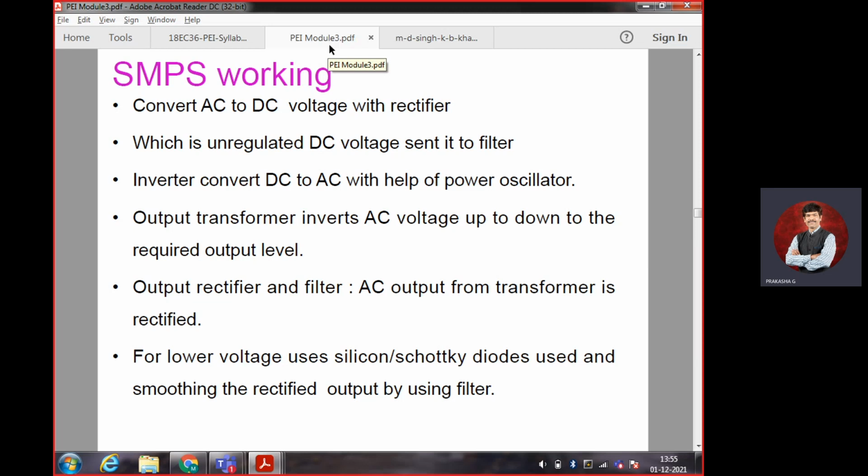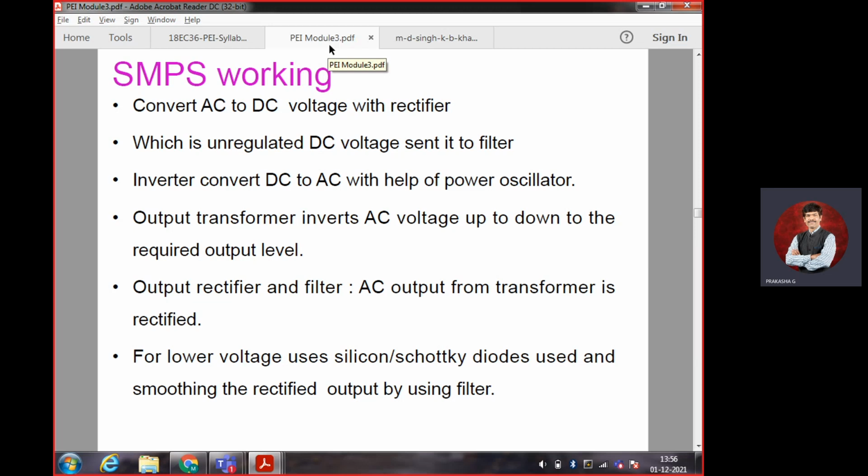So for SMPS, the basic functionality and basic operation is listed out. First and foremost is converting AC to DC. The required DC may be converted into multiple different types of DC. This is unregulated DC, and the unregulated DC voltage is sent to the filter. The inverter converts DC to AC with the help of a power oscillator.